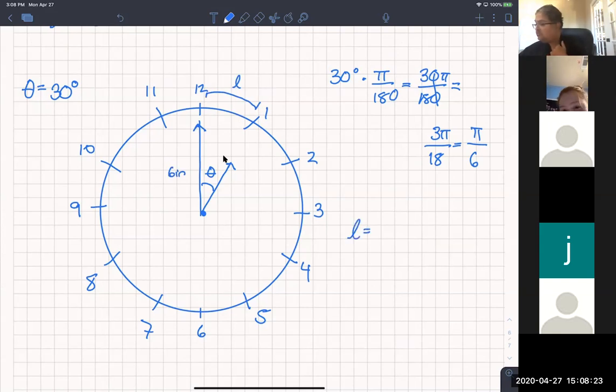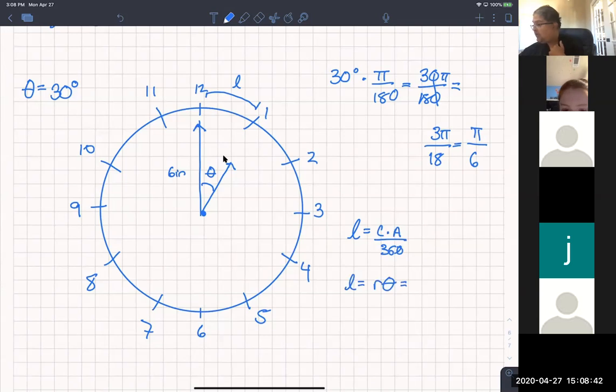The arc length equals circumference times the angle measure divided by 360, or radius times theta, which is the angle in radians.